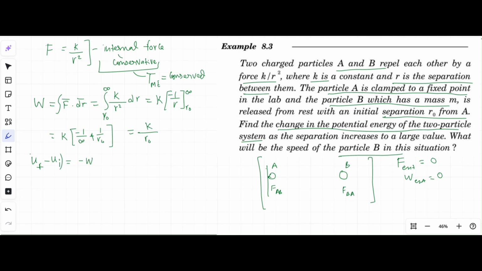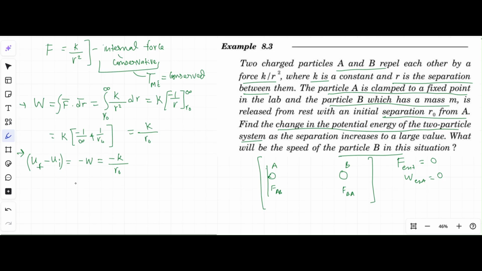So we want change in potential energy. We say that minus W is equal to, and W is K by R naught. So this becomes minus K by R naught. This is step 1. This is step 2.